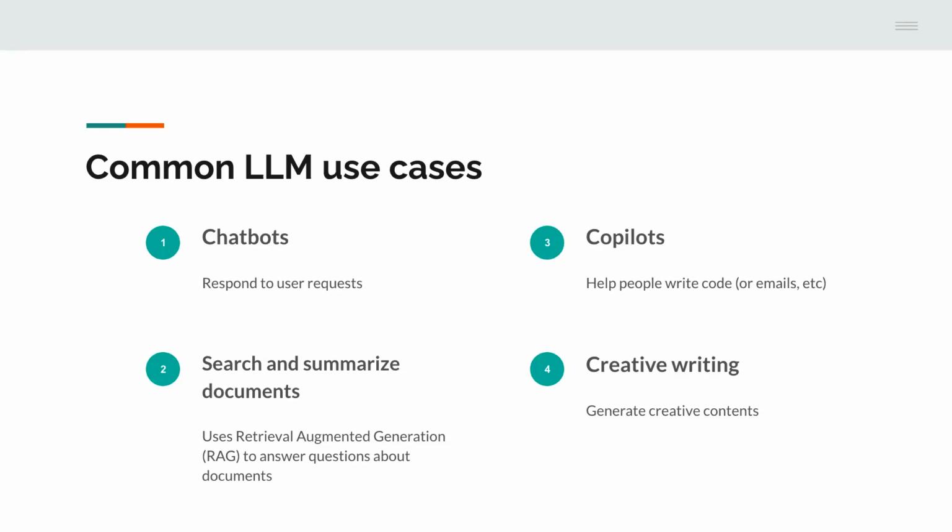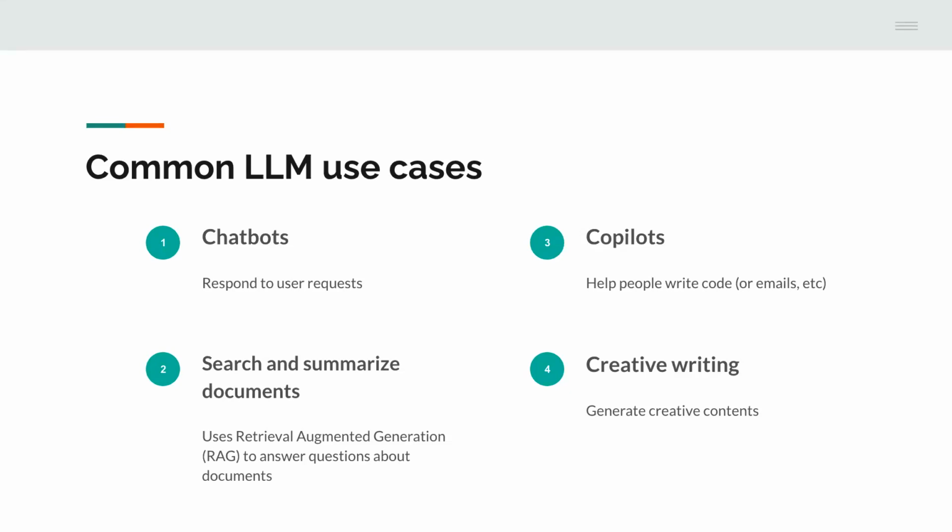You can also use them as your coding copilots. And there's also a lot of usage for creative writing. I think a lot of people are using it for homework and even paper writing. So these are the very common large language model use cases.